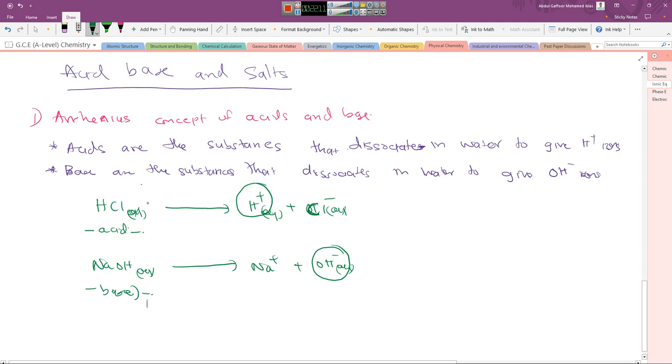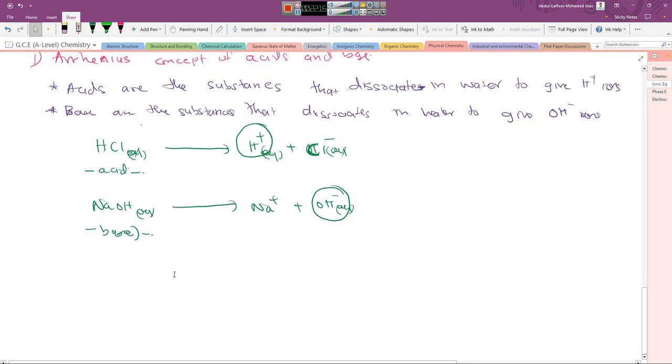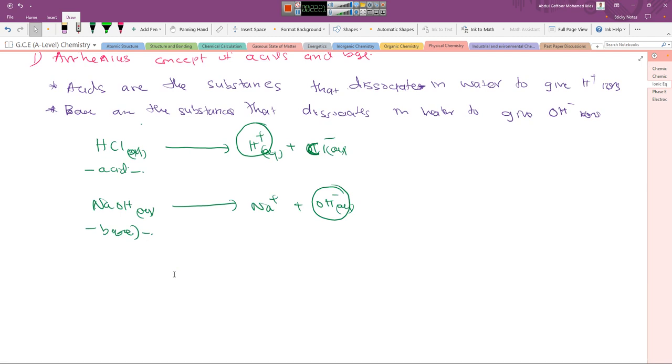Okay, even though this is an accepted definition, we have some limitations also. For example, if you take ammonia, ammonia cannot produce OH minus. Anyhow, it is a base, right? So we have to have some alternative definitions or concepts. Another concept was developed by two scientists named Bronsted and Lowry.